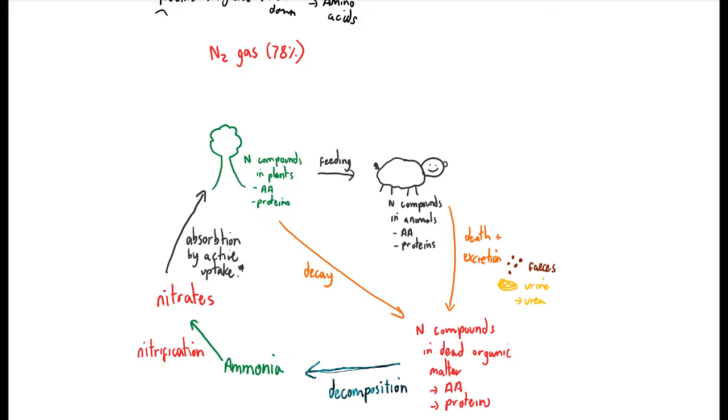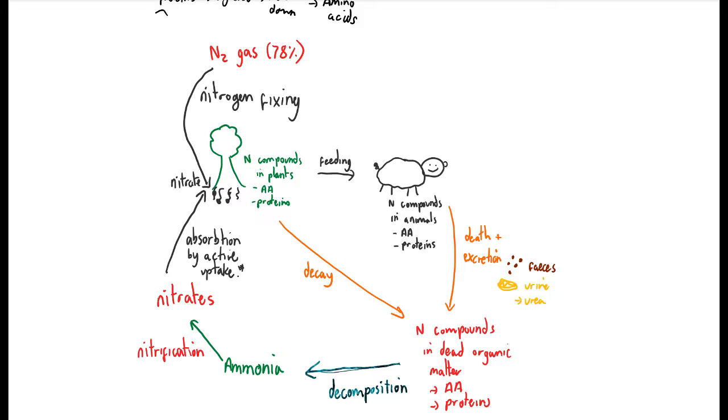It can actually be fixed by certain types of plants in their roots, in those little things there which are called root nodules. So this nitrogen gas can actually be converted into nitrates in the process of nitrogen fixing, or nitrogen fixation.